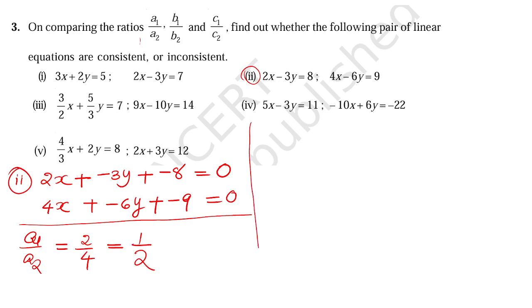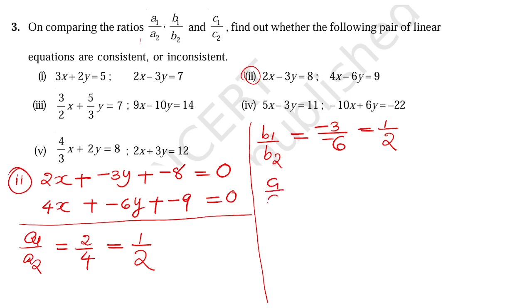If you have any doubt, you can ask after finding the solution. Then the second ratio is b1 by b2, minus 3 by minus 6. Minus minus cancel. 3 by 6 is 1 by 2, correct?